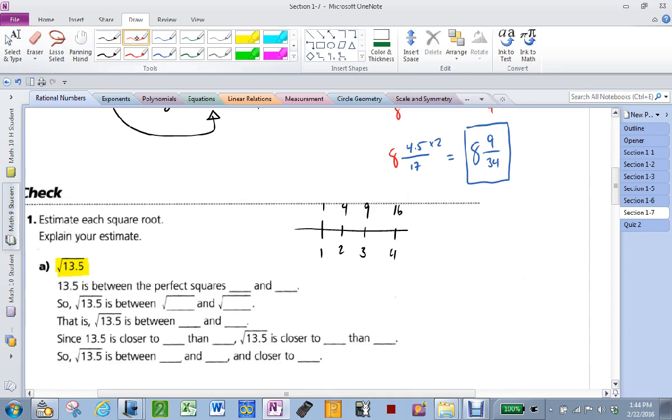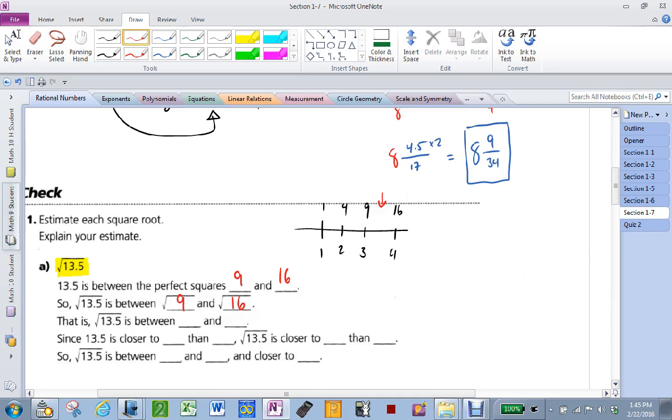The first thing I'm going to do is fill in the blanks because these blanks will get you to the right answer. Where does 13.5 live? Right in here, yes? Between 9 and 16. So it's between 9 and 16, which means its square root must be between the square root of 9 and the square root of 16, correct?